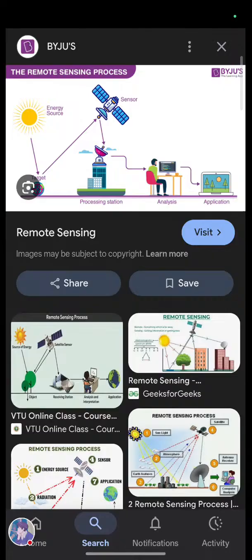First is space-borne remote sensing. The second is airborne remote sensing.